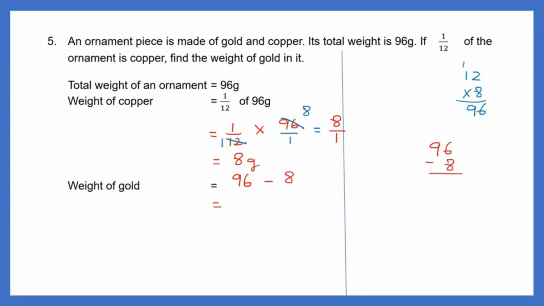Let's borrow. 16. 16 minus 8 is 8, and I bring down this 8. So the weight of gold is 88 grams. I hope you understood. We minused the total weight of the ornament by the weight of copper, and we found that the weight of gold is 88 grams.